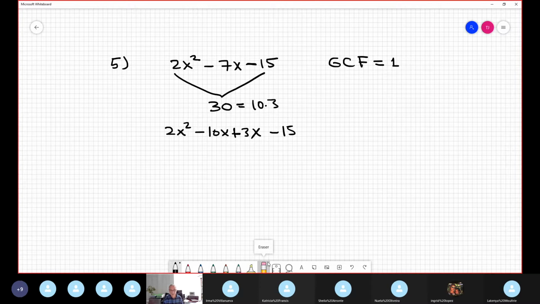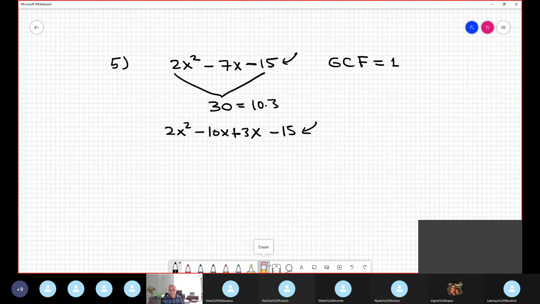So the process we are doing so far is you have a trinomial and you convert it to a polynomial for grouping. The process from this to this is a conversion, from 3 terms to 4 terms. Okay, and now ready to apply grouping.